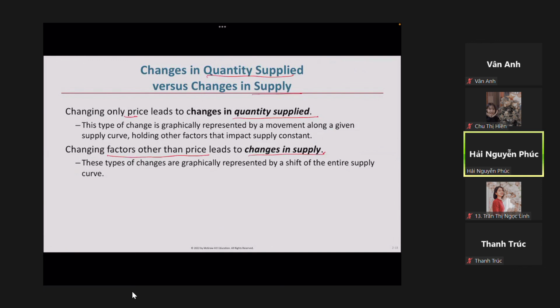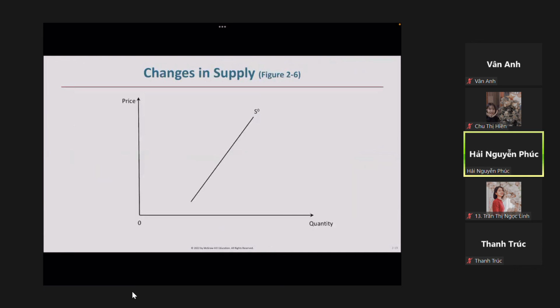It looks like this on the graph. Here is the supply curve. From point A to point B, we have a movement along the supply curve, and it happened due to the change in the price.